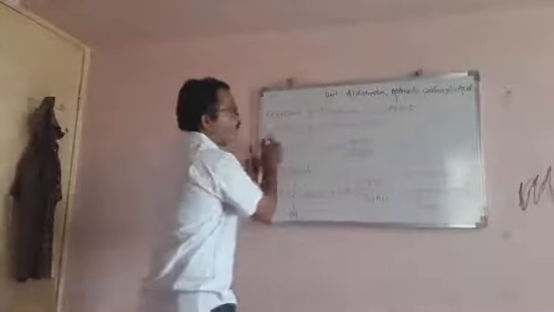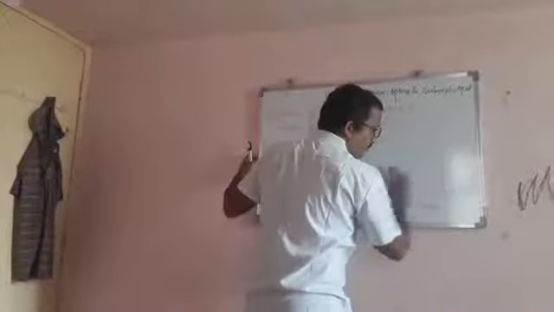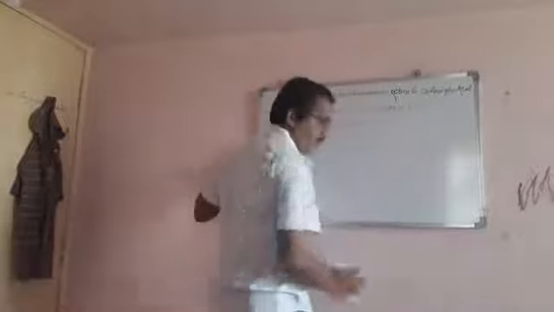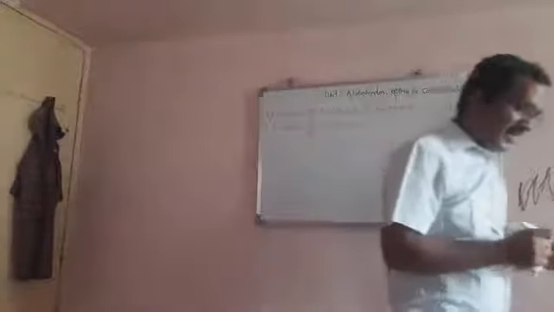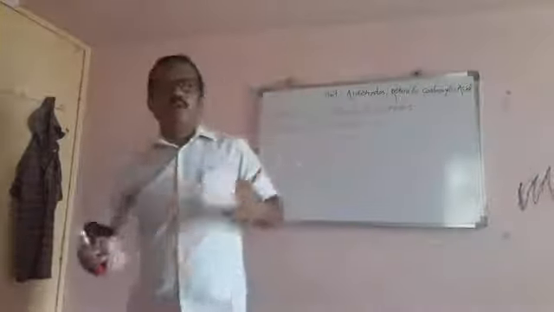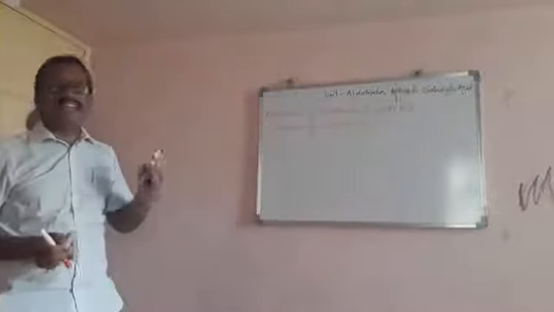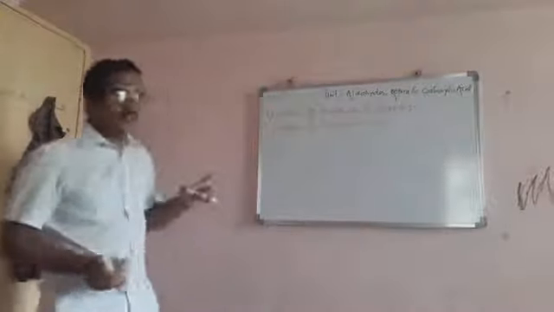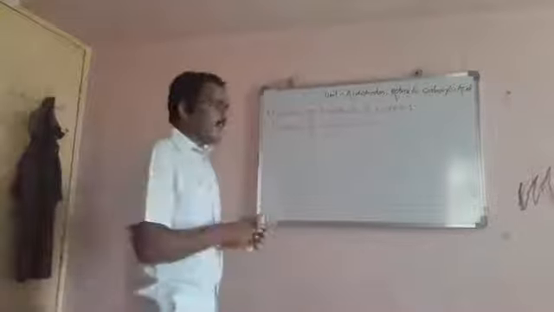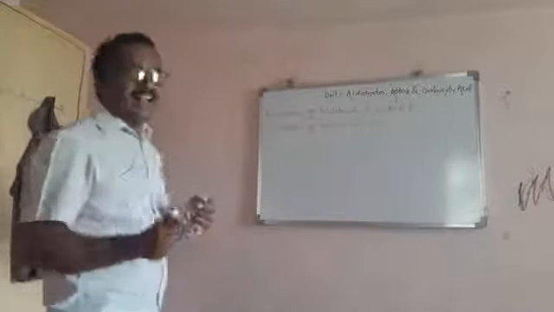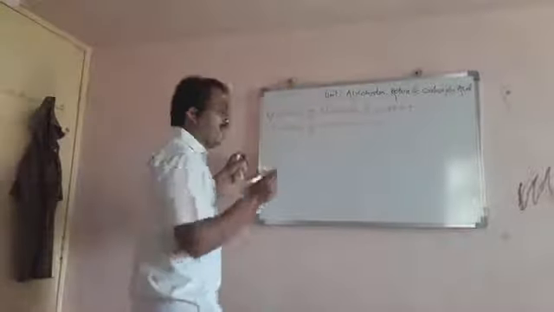The next is addition of alcohol to the ketone. When a ketone reacts with an alcohol, which may be a 1,2-diol or 1,3-diol, in presence of dilute HCl, it gives the corresponding cyclic ketal.